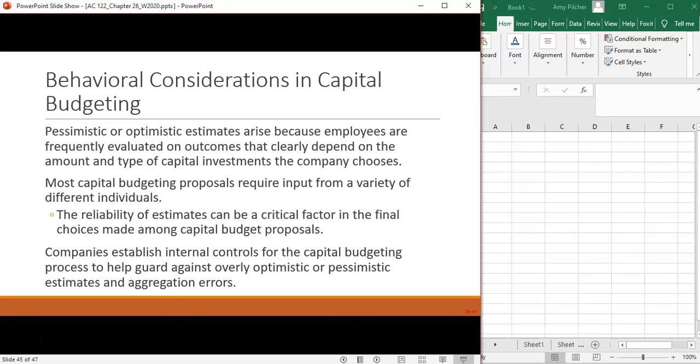So we say we estimate that taking on an entirely new product line is going to cost us this big capital investment in new machinery and stuff like that, but we predict that taking on that product line is going to make us a lot of money.